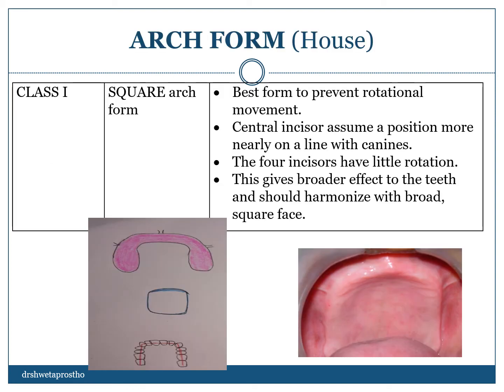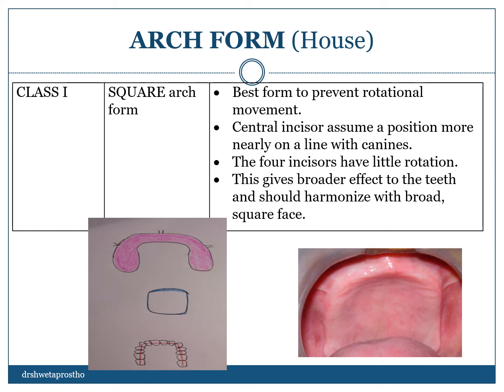Arch form. Arch form as classified by House can be class 1 square, class 2 tapering and class 3 ovoid. Class 1 square arch form is the best arch form to prevent rotational movements. As we can see in the first picture, the tooth form is also selected according to the arch form, and the central incisors are placed nearly on a line with the canines.